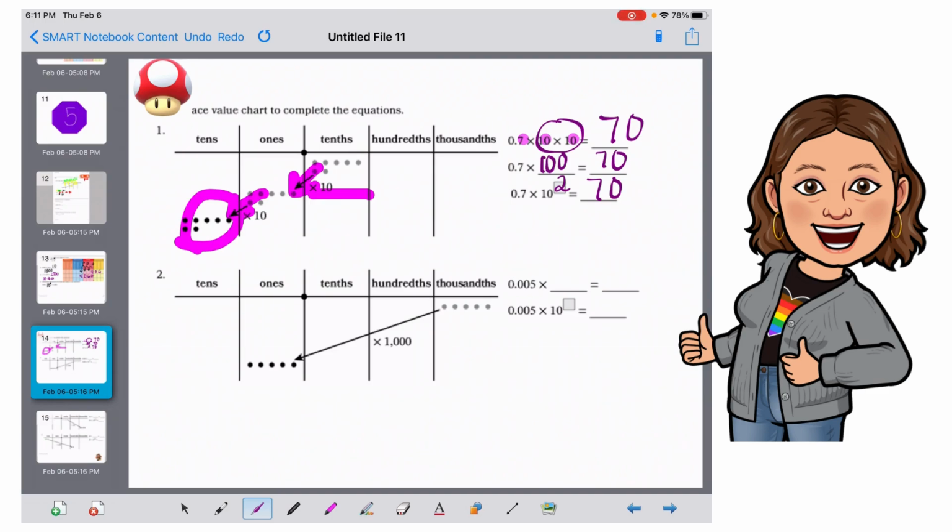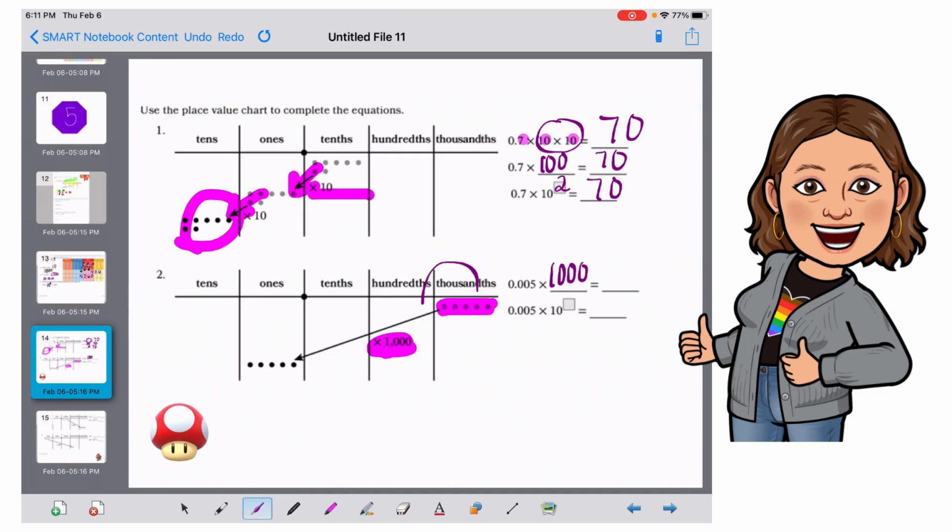Okay, again, we are multiplying our mushrooms, so we're getting bigger here. This time we started all the way down here with 5/1000ths, very tiny pieces, but we multiplied by 1,000. So we're going to fill that in and see where it landed us.